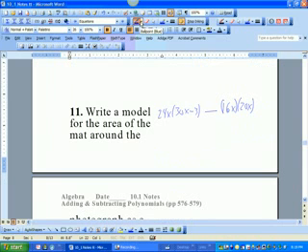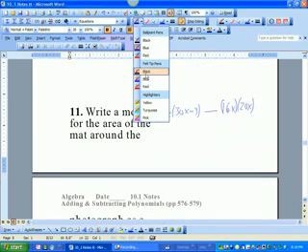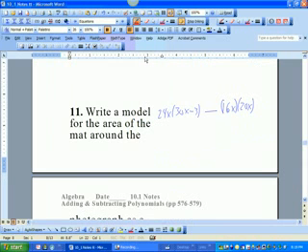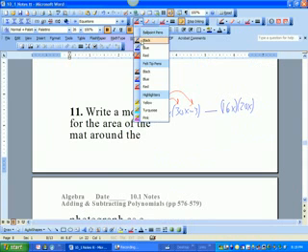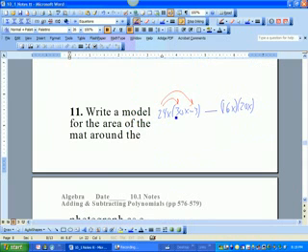Now we can simplify this. We can apply our distributive property from what we learned earlier this year, and we can apply what we learned about multiplying with variables and exponents. So 24 times 30, that's 720.